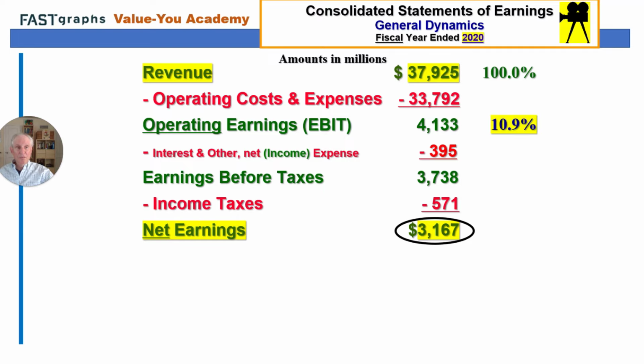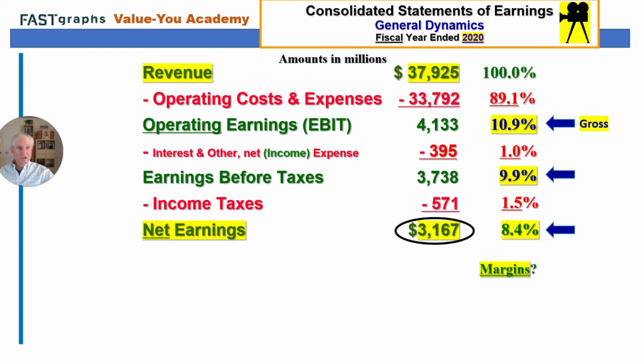So we look at their margins, and you can see they're not as good as J&J. They only got 8.4, where J&J had 18 on the net margin. So there's their gross, operating, and net. But we want to compare them against Lockheed Martin. That's the way we'll do it. The tax rate here, once again, is below the normal.